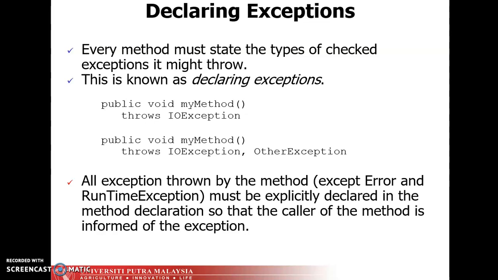The following statements describe how you should write your code by including the throw exception statement. All exceptions thrown by the methods, except error and runtime exception, must be explicitly declared in the method declaration so that the caller of the method is informed of the exception.